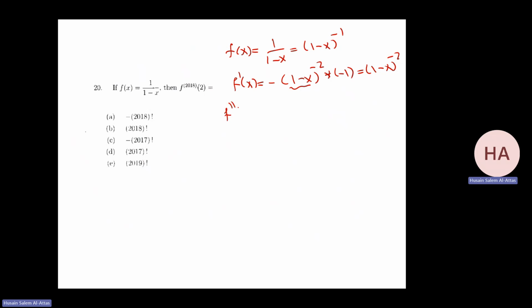Second derivative. That will be minus 2, 1 minus x to the power minus 3, times minus 1, the derivative of this. So I'm getting 2 times 1 minus x to the power minus 3.